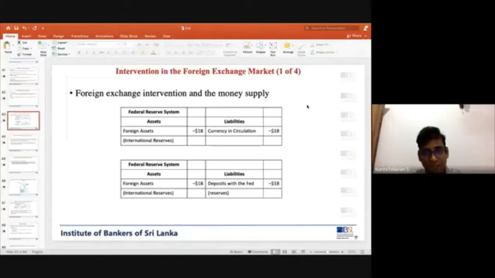Or the other way around, if the foreign inflows are not enough in the market, Sri Lanka is going to sell its dollars and get the money back. Two things can happen, right? It's based on how we are going to manipulate the exchange rate.